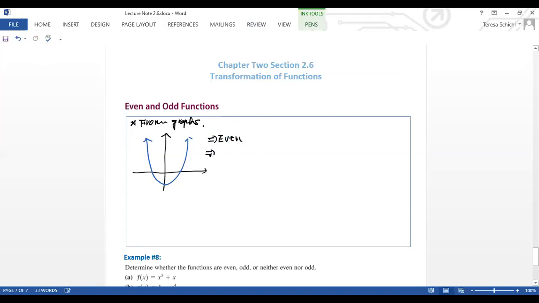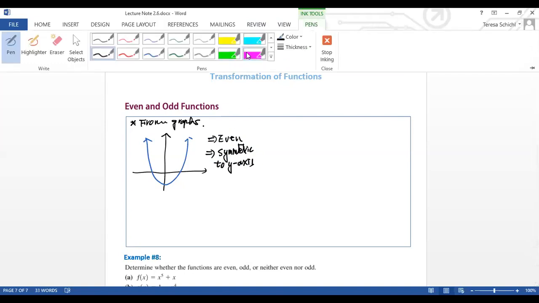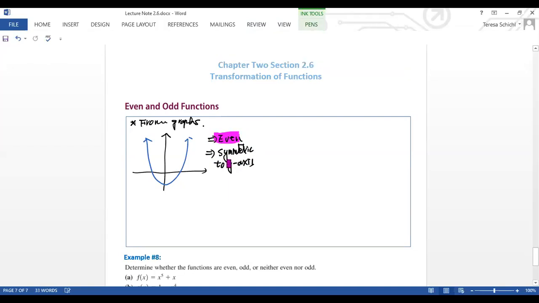Why? Because this function is symmetric to the y-axis. If the problem gives you the graph, you will say, oh, okay, this is an even function because it's symmetric to the y-axis.